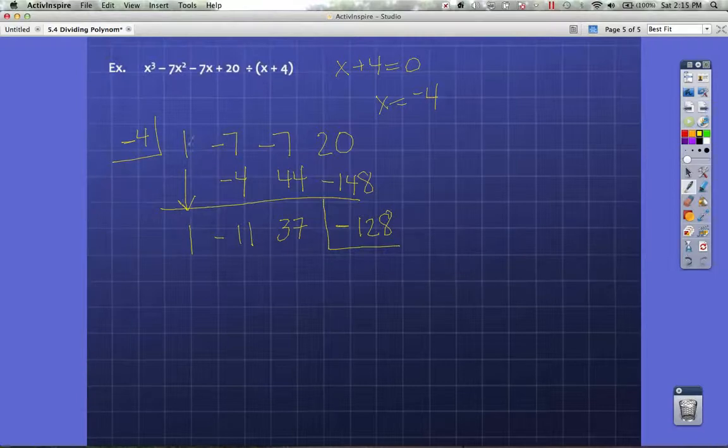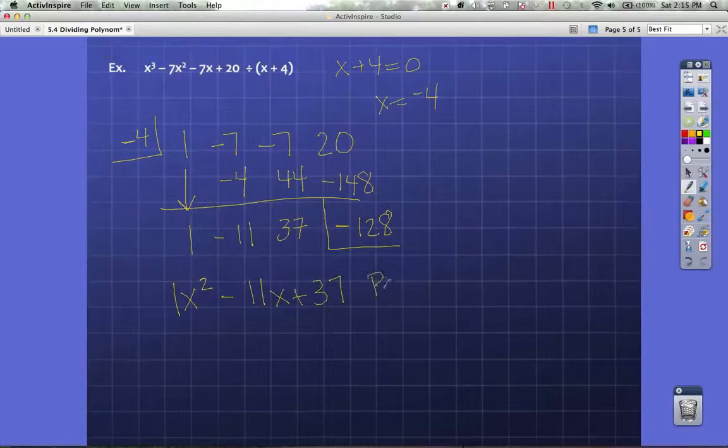Right? And then we write our polynomial. Again, we started with x cubed, so the very first one will be an x squared, one less. So we take our coefficient, that's going to be 1. Minus 11, and the next one down is x, plus 37, and that doesn't have an x, okay?